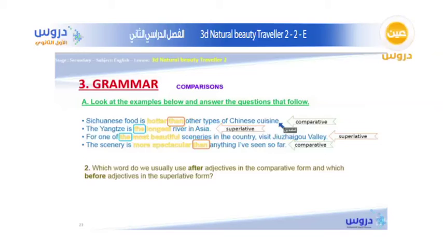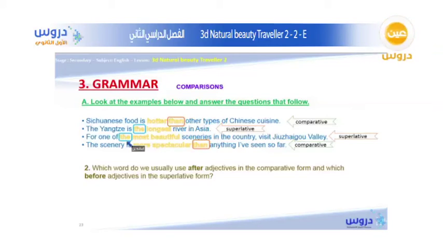The longest. Okay? So if you have a short adjective, you can add er for comparative, between two things, and also in superlative you add est at the end of the adjective.